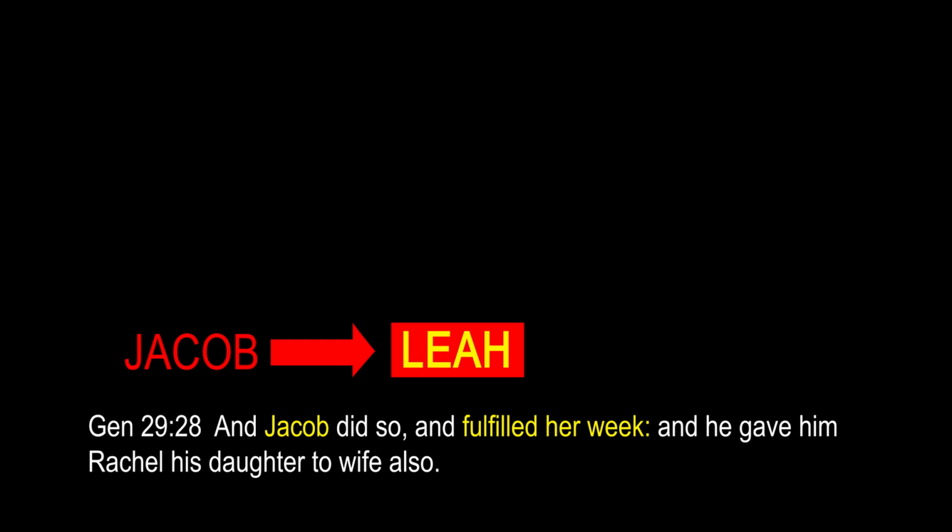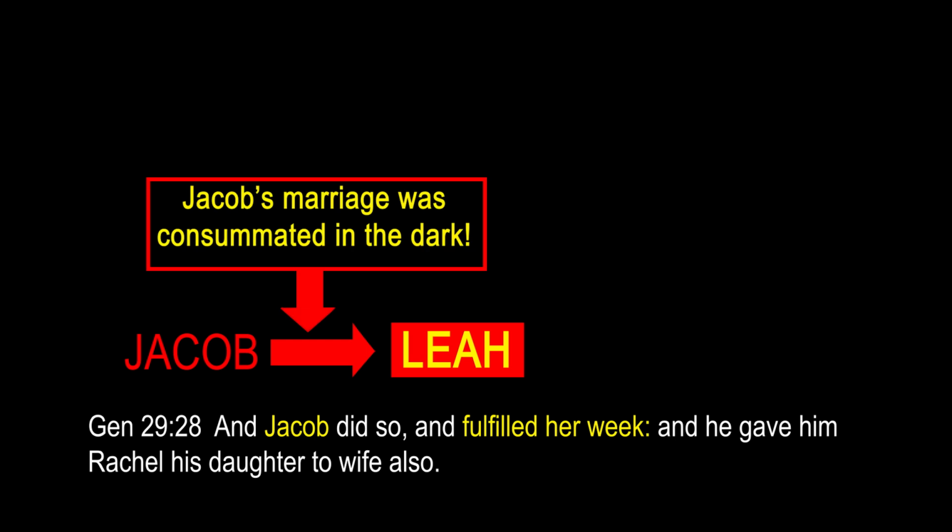In the biblical narrative, two different people were married to two different women. Jacob was the liar and the deceiver that was represented as the evening sacrifice, characteristically speaking. Jacob's marriage was consummated in the dark. He couldn't see the woman that he married precisely because he'd been deceived by his uncle.